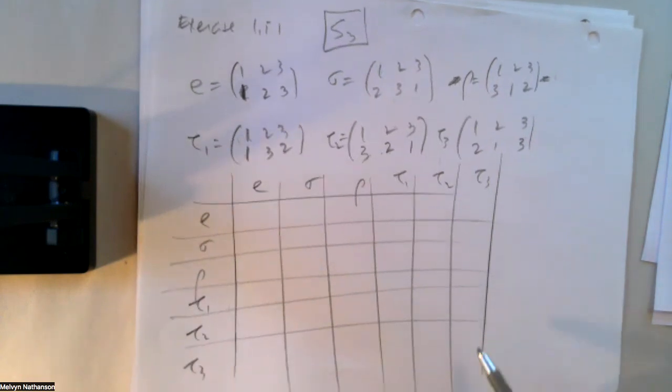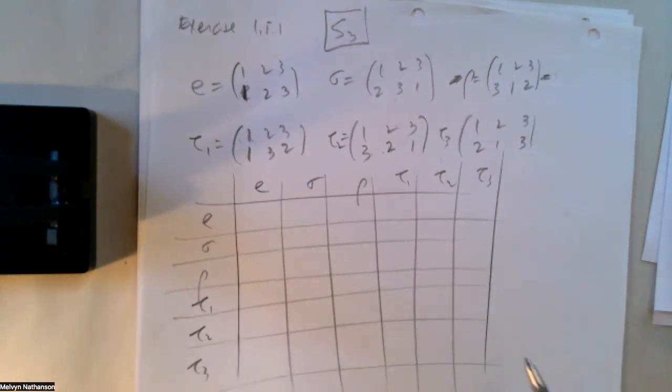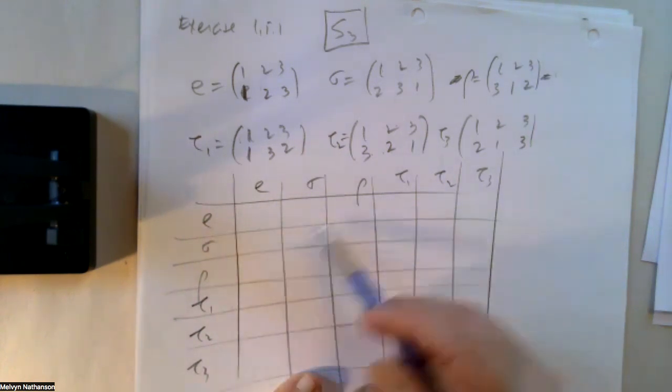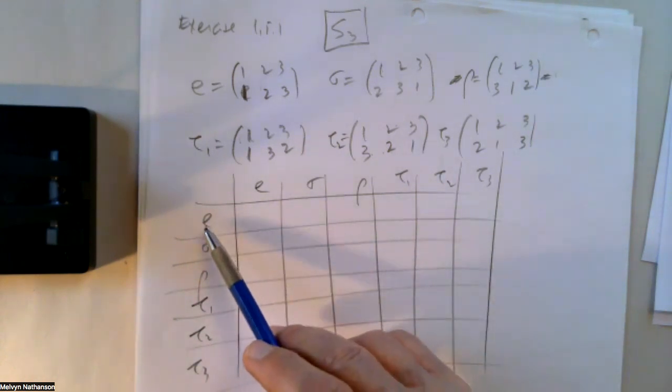That means I have to fill out this box. I have 6 times 6, I have 36 products I have to figure out. Some of these are easy to figure out. What I'm going to put in each box is this times this.